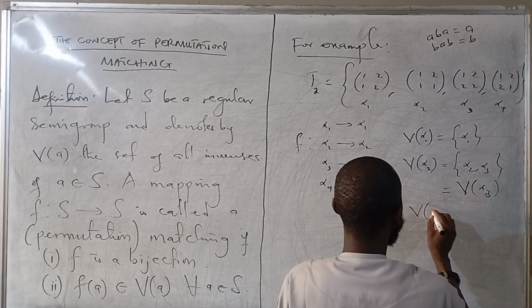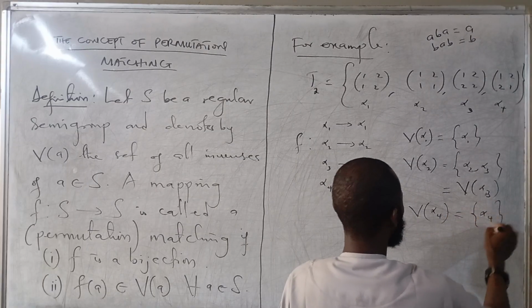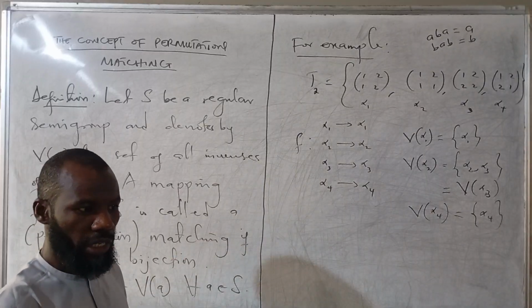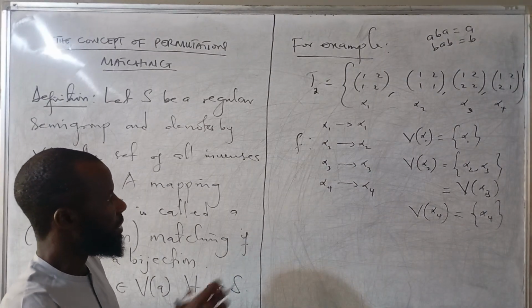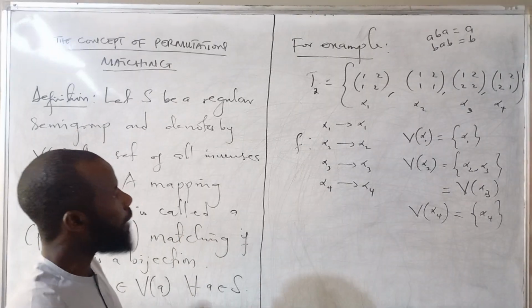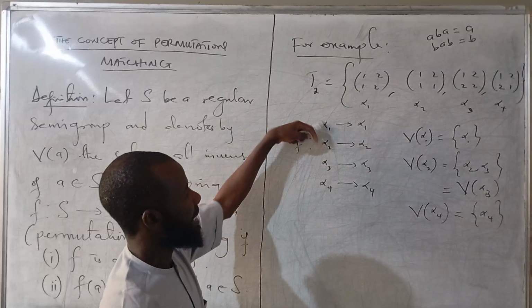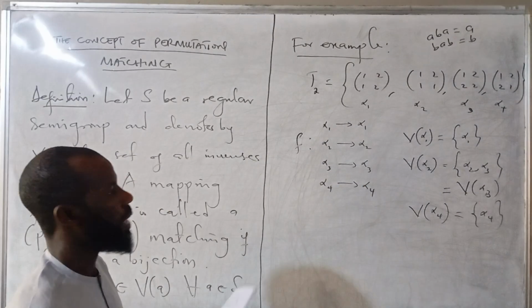And then for alpha 4, there is just one inverse because this is also a permutation. So this map is actually a permutation matching. Why? Because it permutes the elements of the semigroup and it sends each element to one of its inverses.